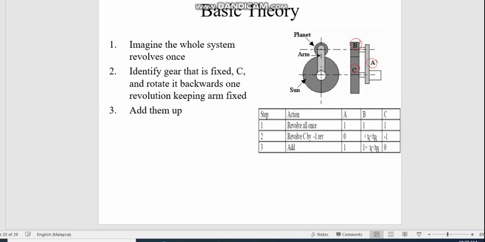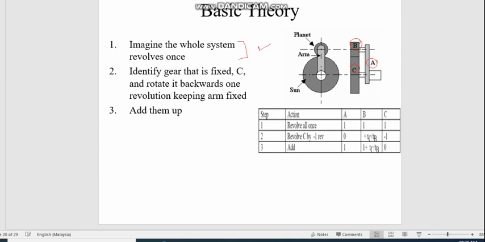And imagine that the whole system revolves once. The first step in calculating the relative motions of all the gears in the epicyclic gear system is to imagine that the whole system revolves once.